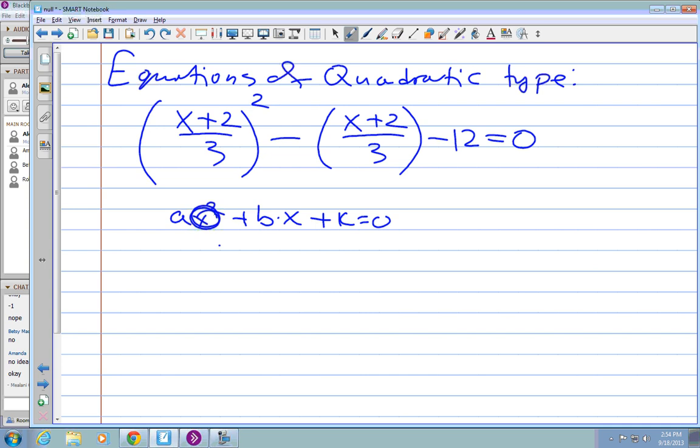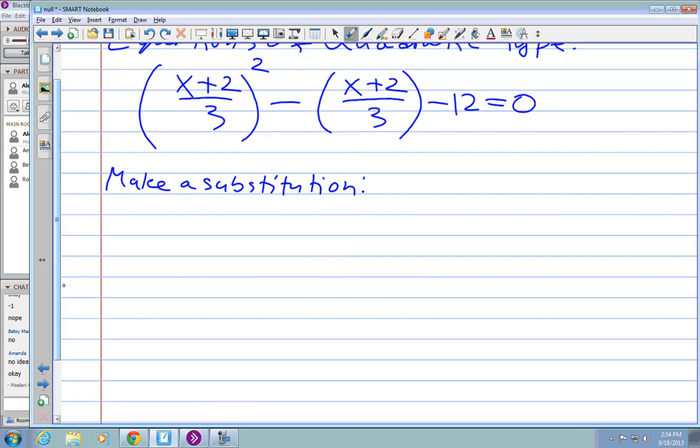So what I can do here is make it look quadratic. I can make a substitution. Introduce a new variable, whatever you like to call it. Let's say u. We can say let u equal whatever that expression is, (x plus 2) over 3.